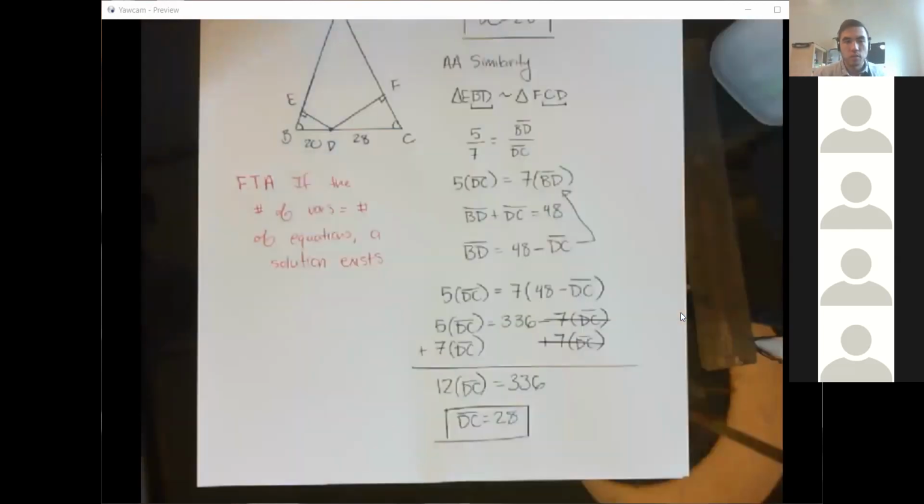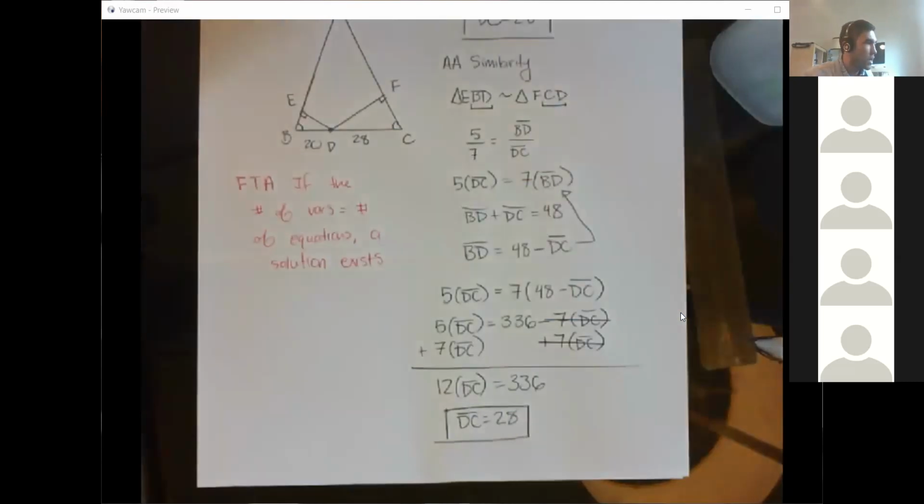Are there any questions on this item or warm-up for today? Can you do it in a way where you just do 7 from the beginning, just do 7 over 12 equals x over 48?